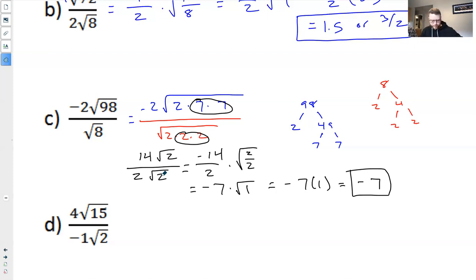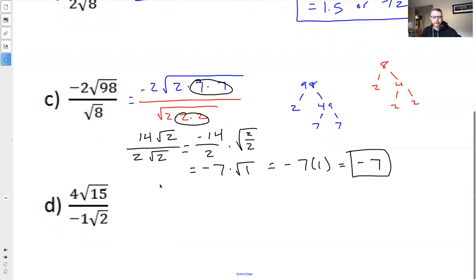All right. And the last one we are going to go through today, 4 root 15 divided by negative 1 root 2. So hopefully you recognize that 15 divided by 2 will not give us a whole number.